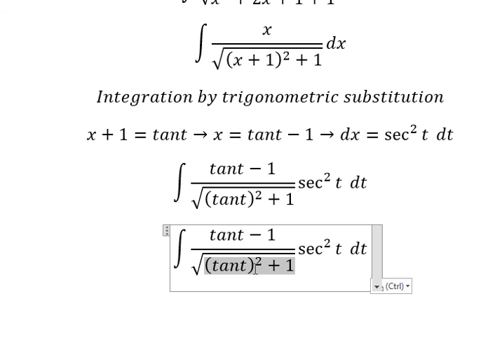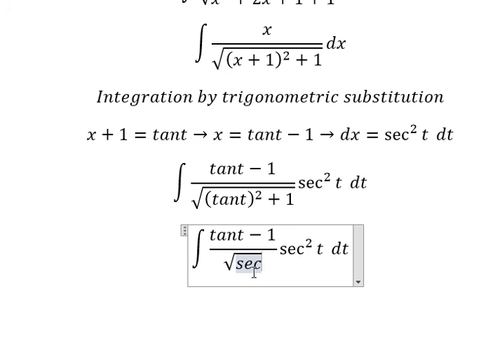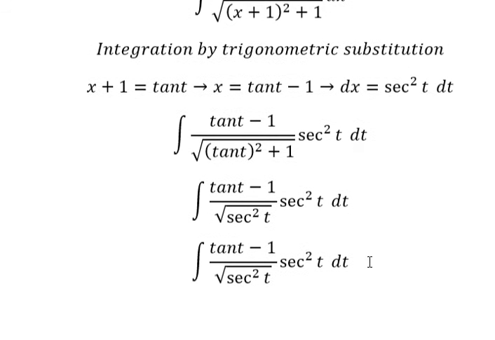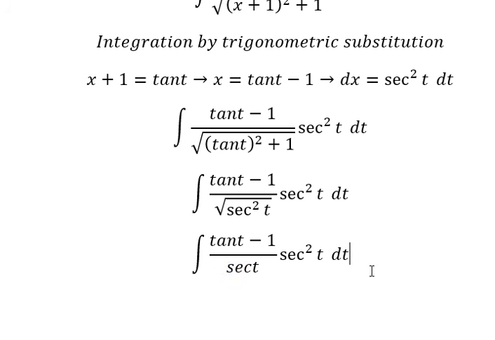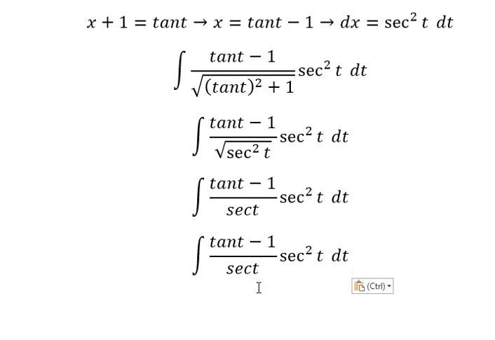So this one is secant squared t. The square root of secant squared t is secant t. Later we can simplify secant t.